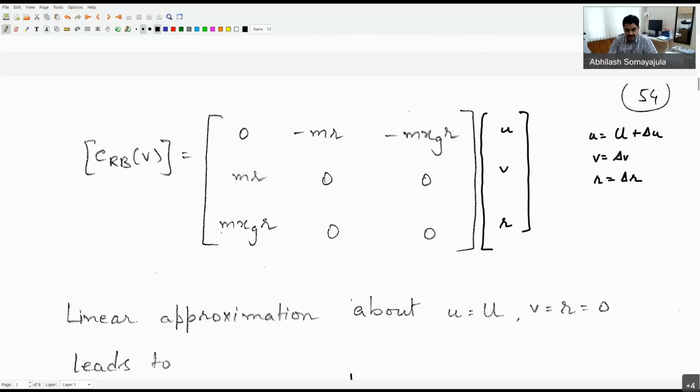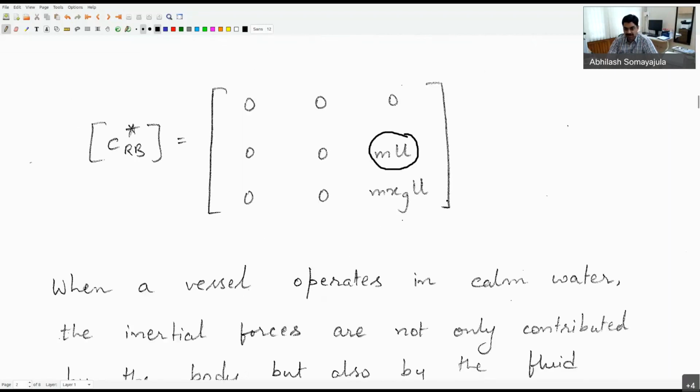And the next term will be MXGR. So this again will be multiplied by U. So what will be left is MXGU. MXGU is what you see here. Is that making sense? Yes, sir. Yeah, because this thing will now be multiplied by u, v, and r. So we should get the same terms as what we had before.